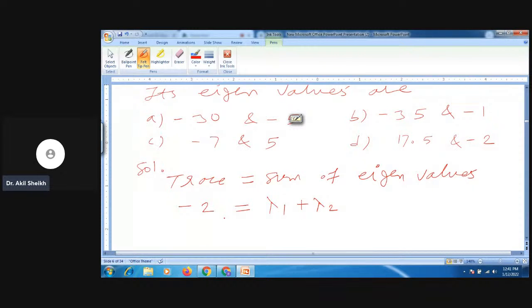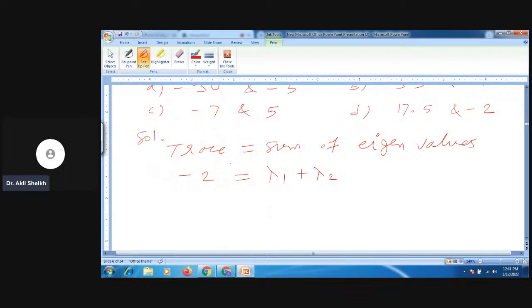Next, the given condition is the determinant. We know that the relationship between determinant and eigenvalues is that the product of eigenvalues is nothing but the determinant of the matrix, which is minus 35.